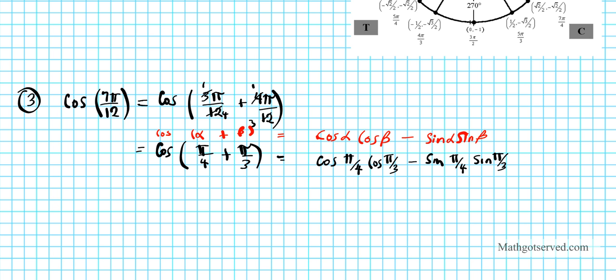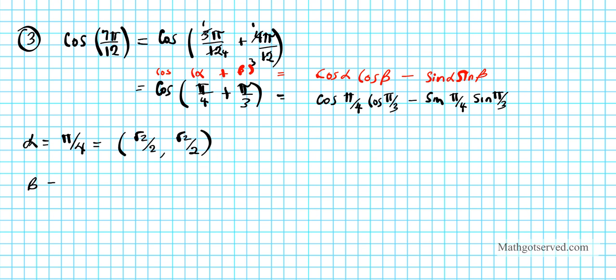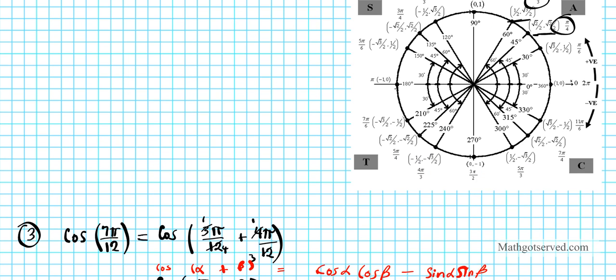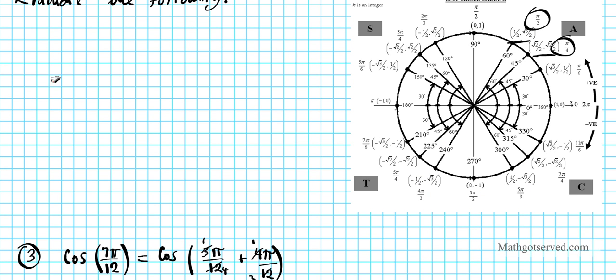Now, alpha is pi over 4, and the coordinates of pi over 4 are root 2 over 2 and root 2 over 2. And for pi over 3, which is beta, the coordinates are 1 over 2 and root 3 over 2. If you look at the unit circle, that's where I got these coordinates from: pi over 4 right here, and pi over 3 right there.